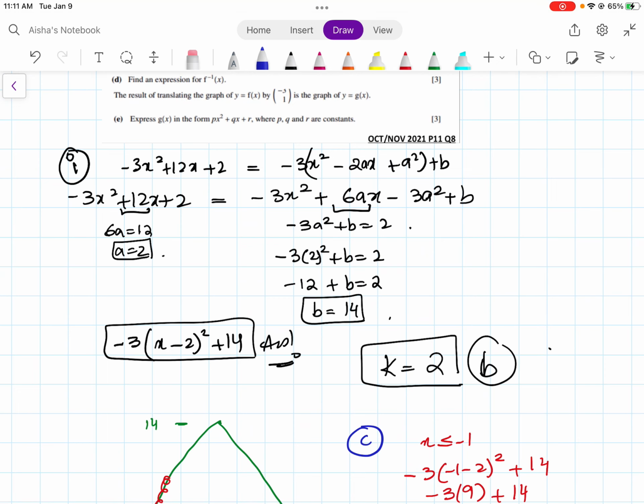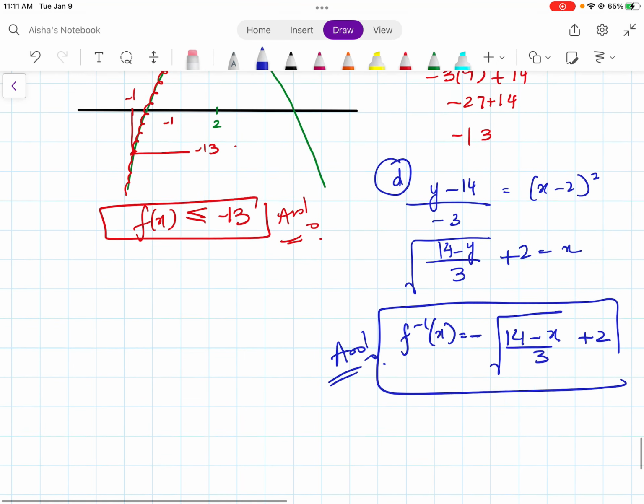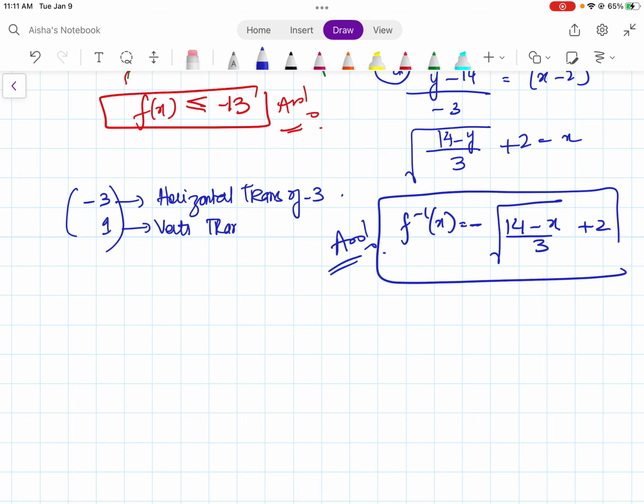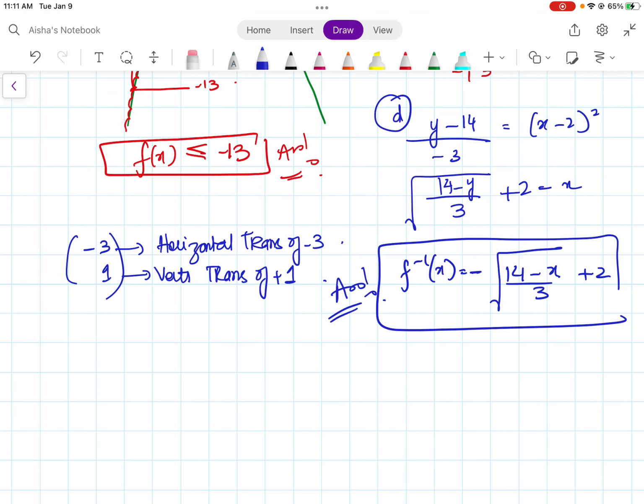Okay, now f of x has been translated. Express g of x in the form given, with minus 3 and 1. Okay, minus 3 and 1 means this is a horizontal translation of minus 3. This is a vertical translation of plus 1. Now my actual is minus 3 times x minus 2 whole square plus 14.